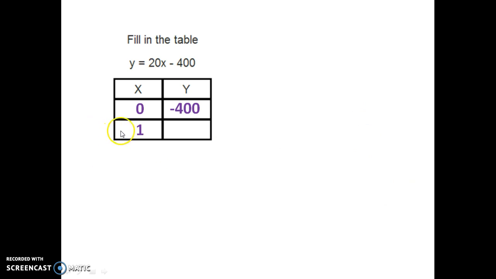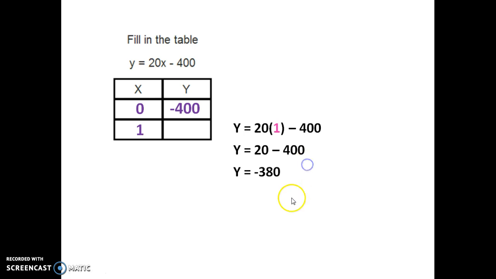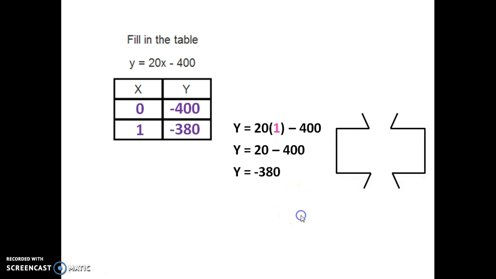So let's then choose an input value of 1. Now we have y equals 20 times 1 minus 400. 20 times 1 is 20, minus 400, and 20 minus 400 is negative 380. So if we look at our machine form, when we input 1, we get back negative 380.